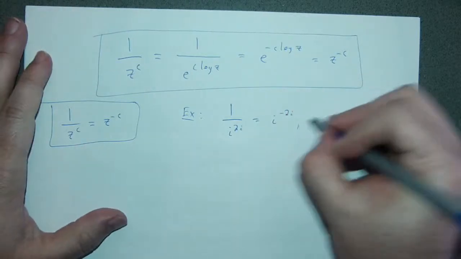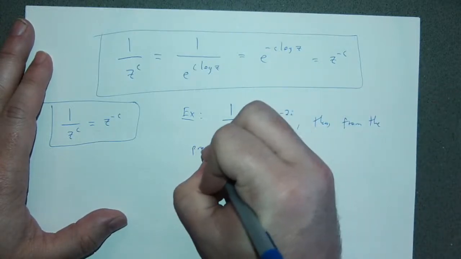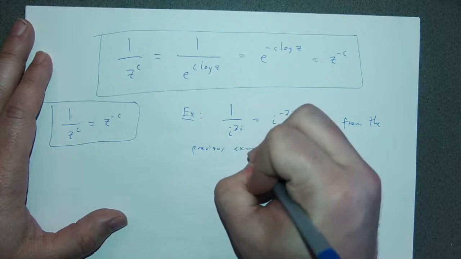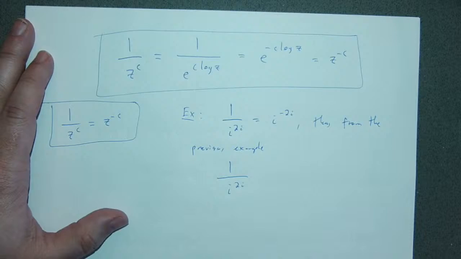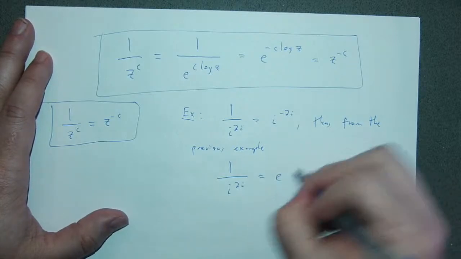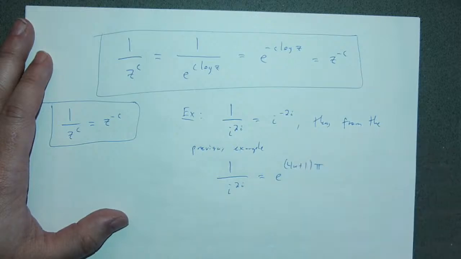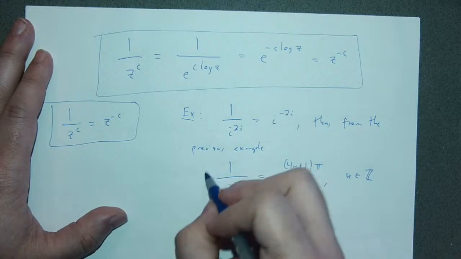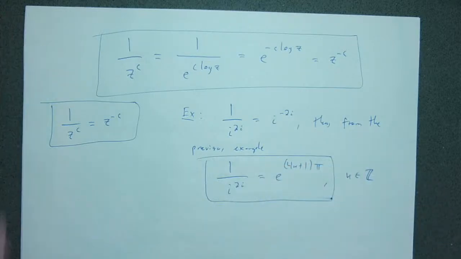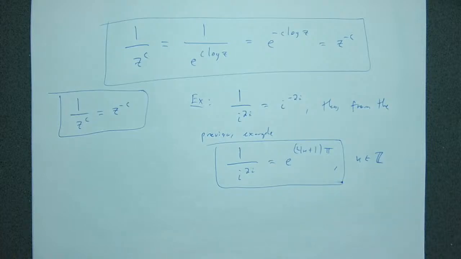Thus, from the previous example, 1 over i to the 2i is actually e to the (4n plus 1) pi, where n is an integer, since this was exactly what we computed for i to the minus 2i in the previous example.